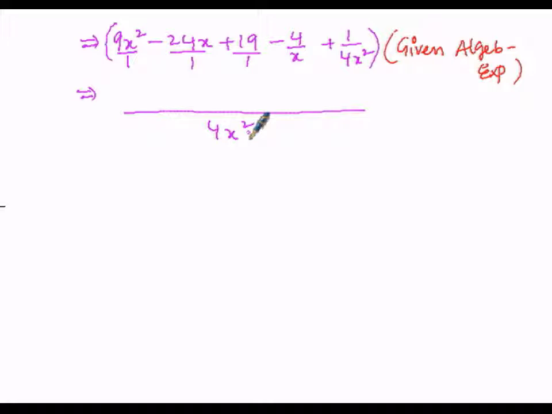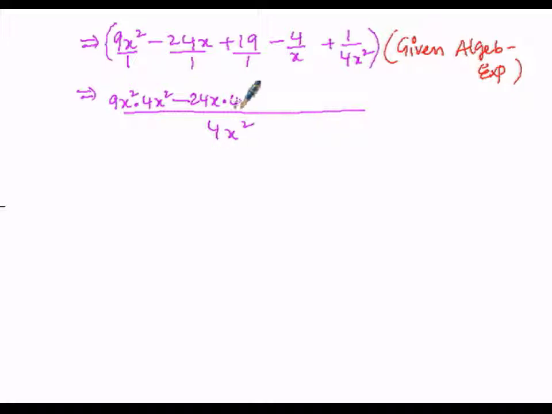Then now here, for further simplification, the numerator is 9x square, I wrote the 9x square as it is, then multiplied with one number of times, since 1 is the denominator of the first term and the LCM is 4x square, so one number of times is 4x square. So 1 into 4x square is 4x square as the LCM, minus numerator 24x, I wrote minus 24x as it is, multiplied with one number of times to get the LCM, that is 4x square.